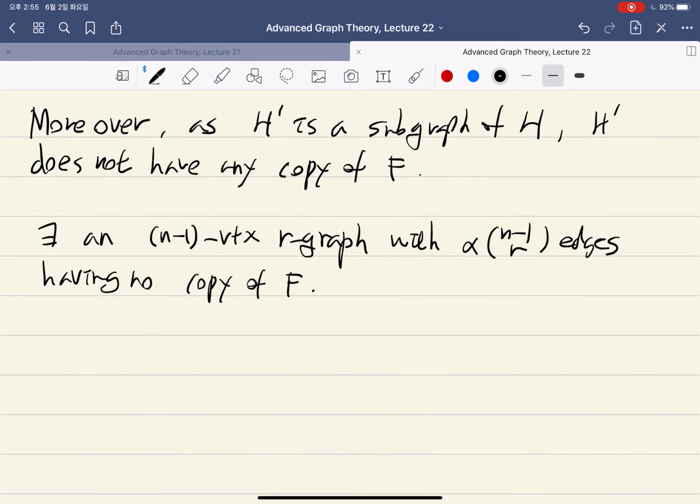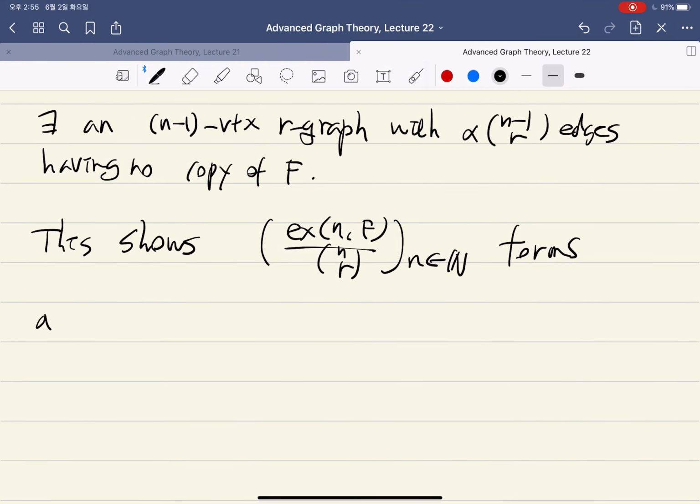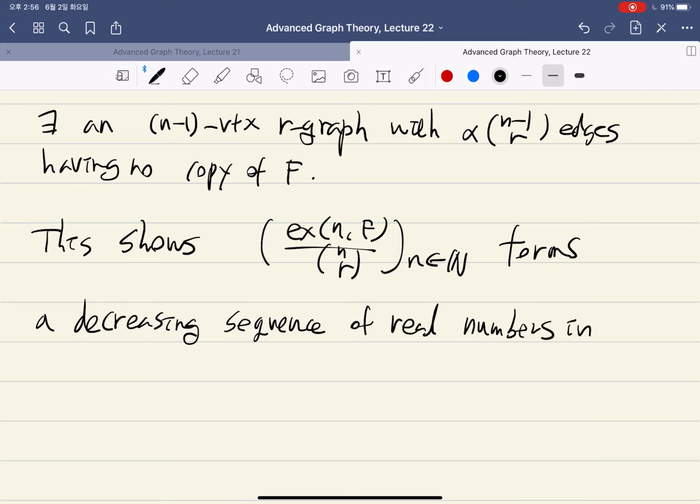So what does this show? This shows that this sequence forms a decreasing sequence of real numbers in between 0 and 1.